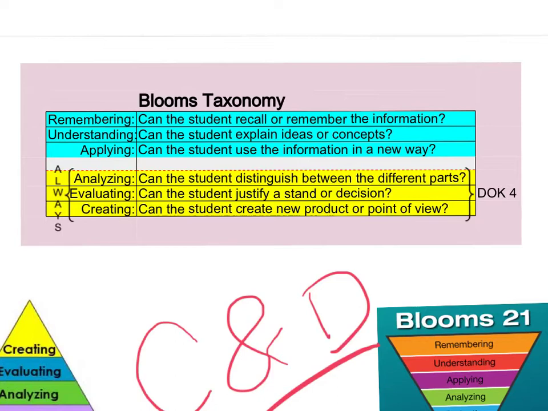Quick review of DOK levels by the Department of Education. Level 1, which is recall or remembering. Level 2, skill, concept, and comprehension under understanding. And level 3, strategic thinking, explaining, and generalizing with applying.